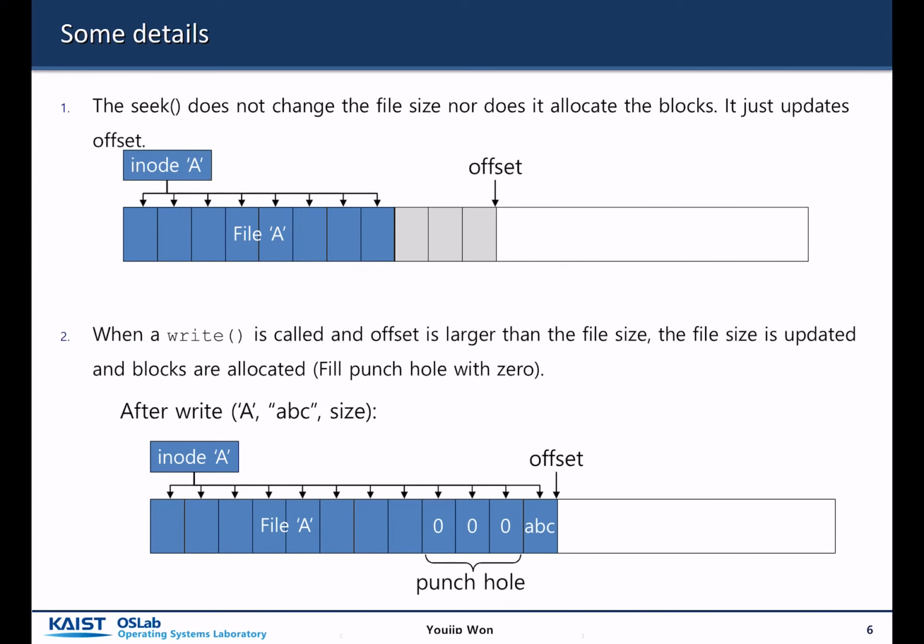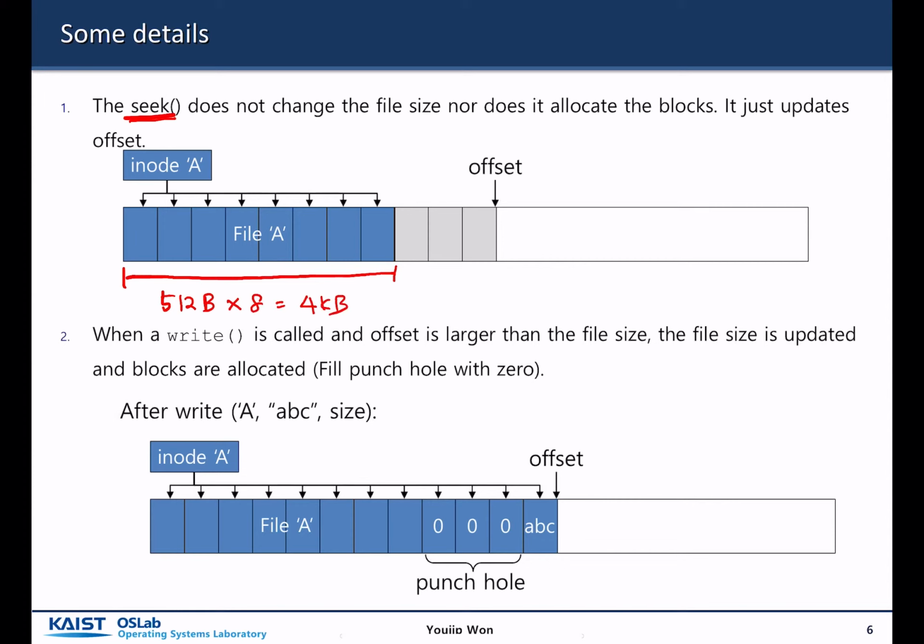Okay, let me go into the details a little bit. The seek operation changes the current offset of the file. Let's consider this case. This is the size of the current file, 512 bytes times 8 blocks, which is 4 kilobytes.